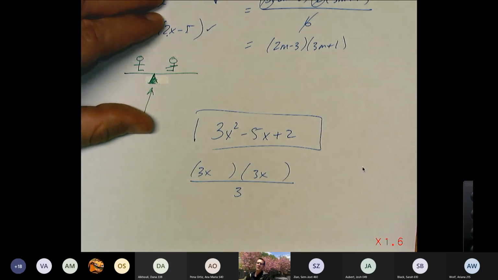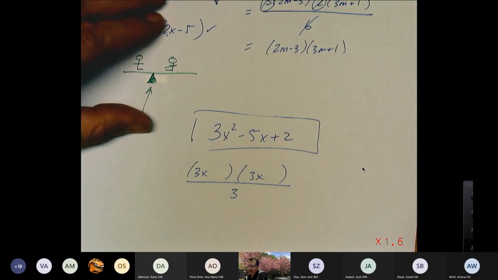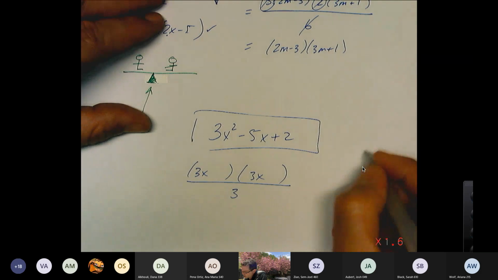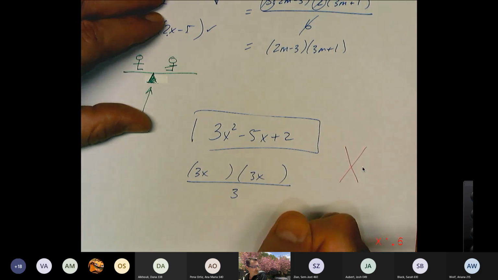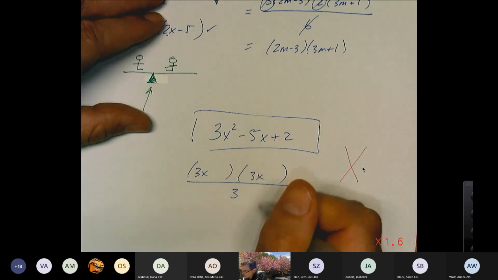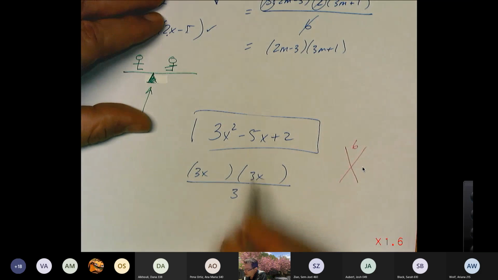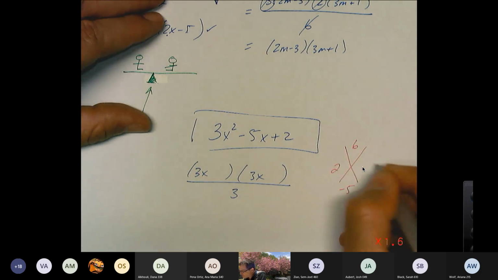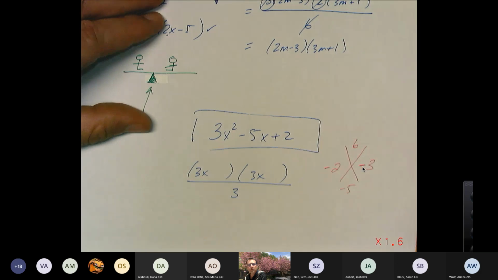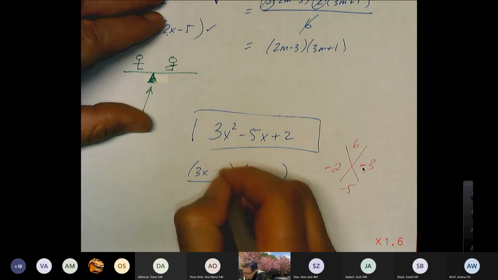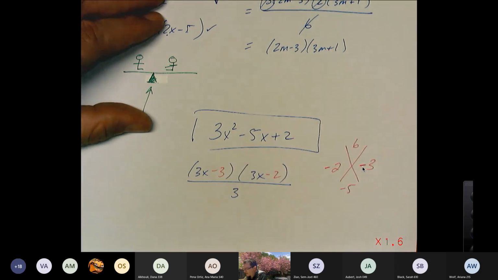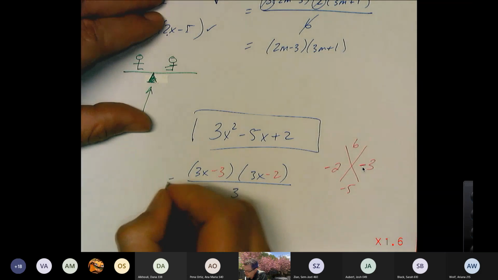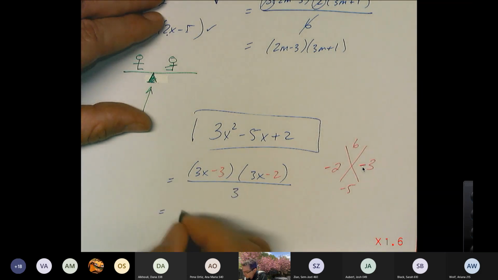You forget that 3, and it's two kids sitting on a piece of wood on the grass. You want two numbers that are going to multiply to give 6, two numbers that are going to sum to give negative 5. I'm thinking negative 2 and negative 3. Negative 3, negative 2. Common factor out the 3.